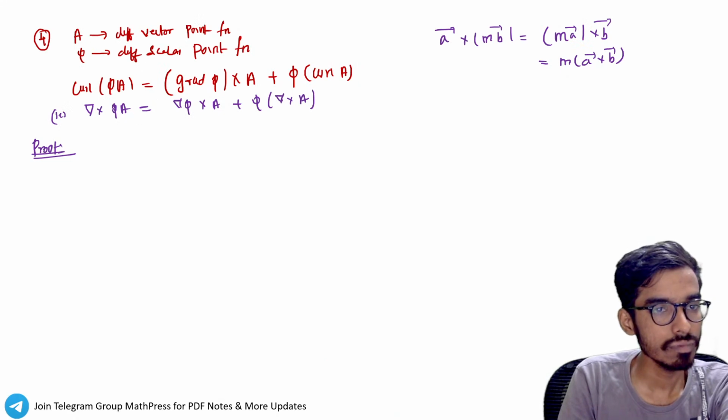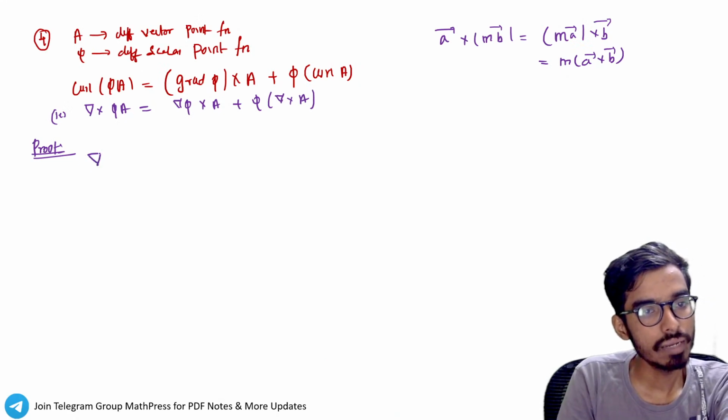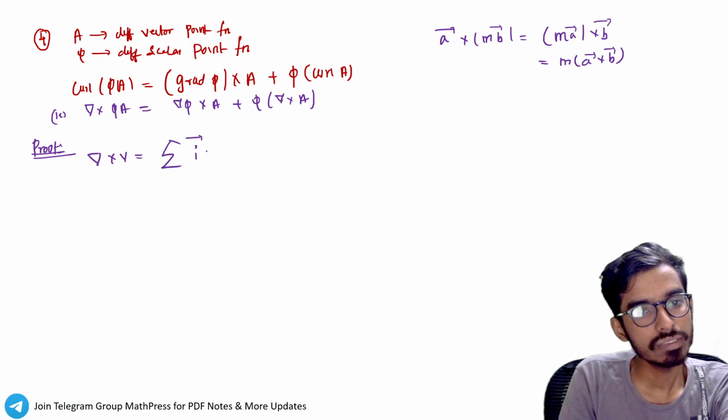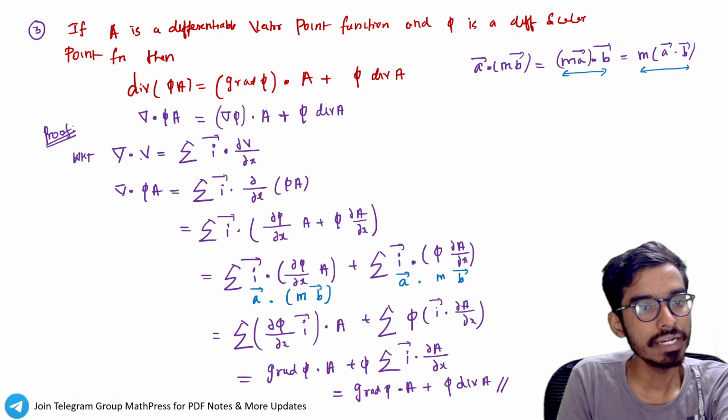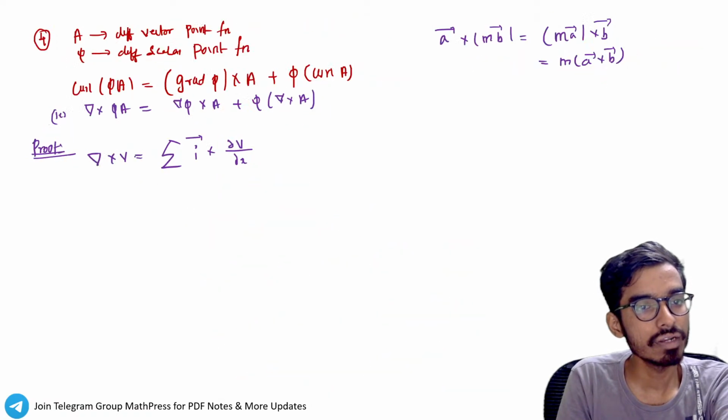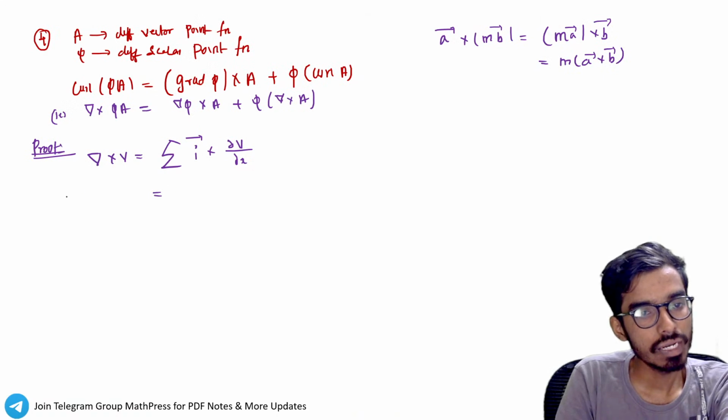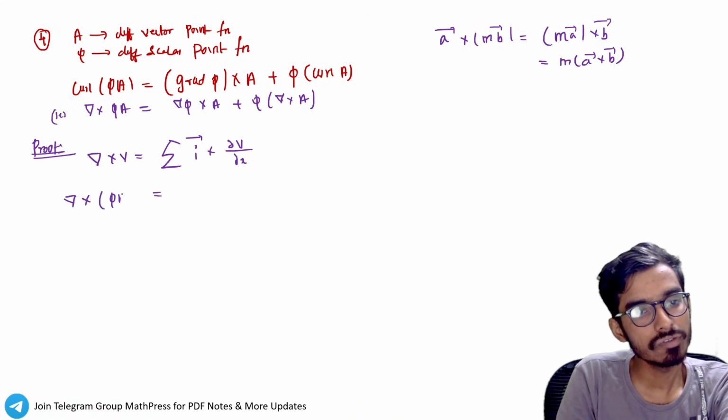Okay. So we'll start. We know that del cross B is summation i cross dou B by dou x, right? Before, we used del dot B, which means we put dot here. For cross, we need to put cross. So what about del cross phi A?